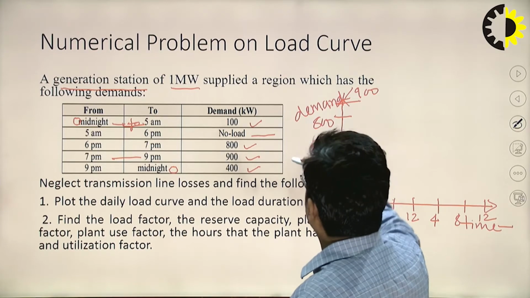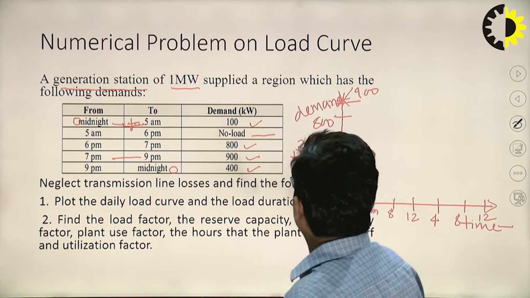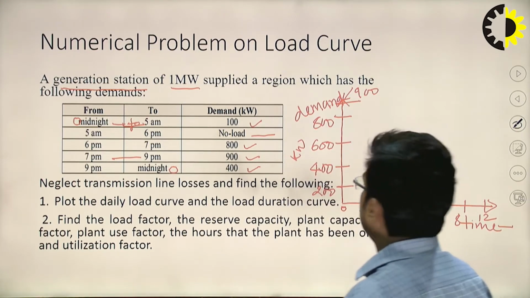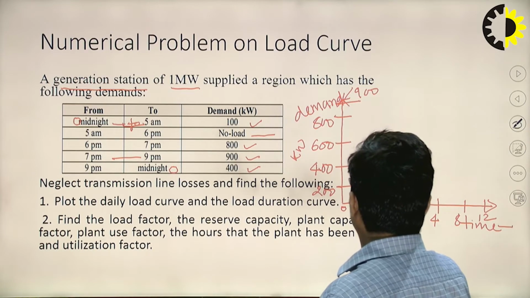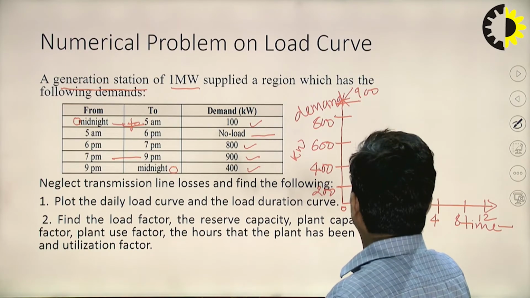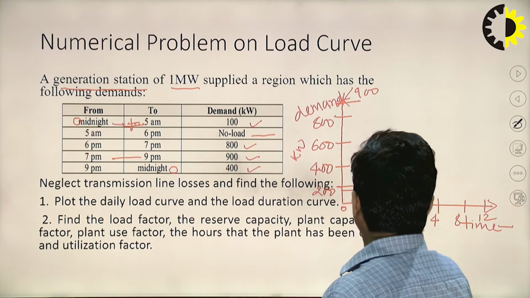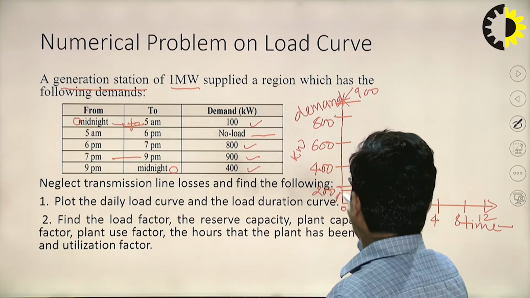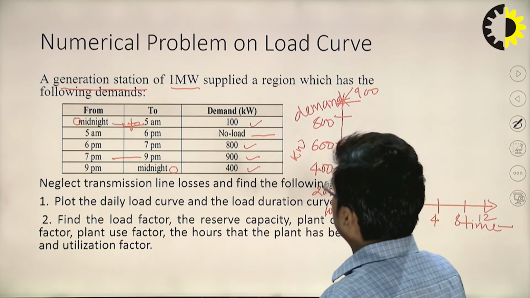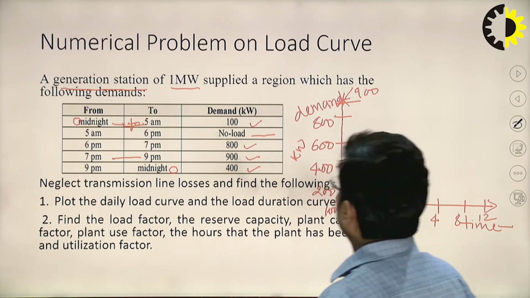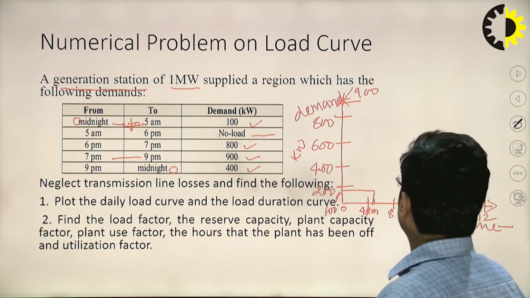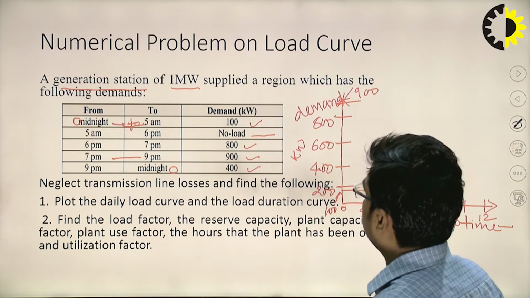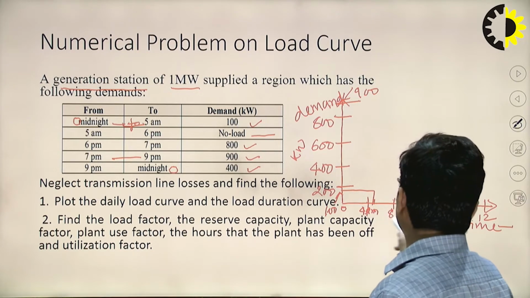This is in kilowatt. From 0 to 5 am there is 100 kilowatt loading. Let's suppose this is 100 kilowatt. So 0 to 5 am is 100, and this is 5 am.